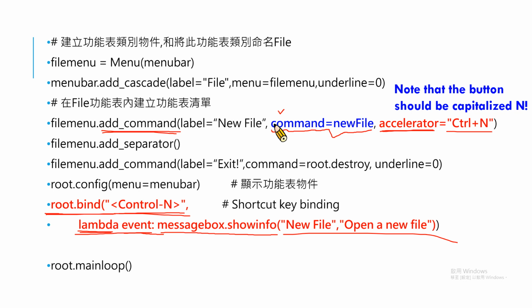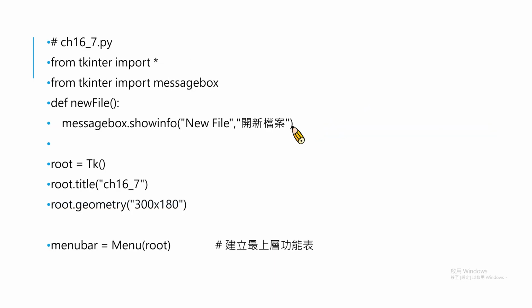Because if a user does not use the control and shortcut key function, but just uses the left mouse button to click the new file, then you also need to call the event handler function. Then it will call the new file, and it will also pop up the new message box.